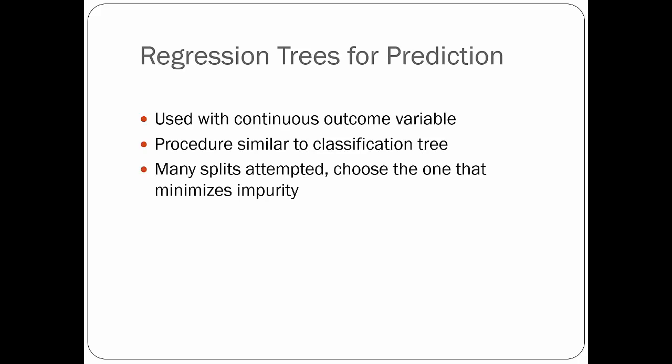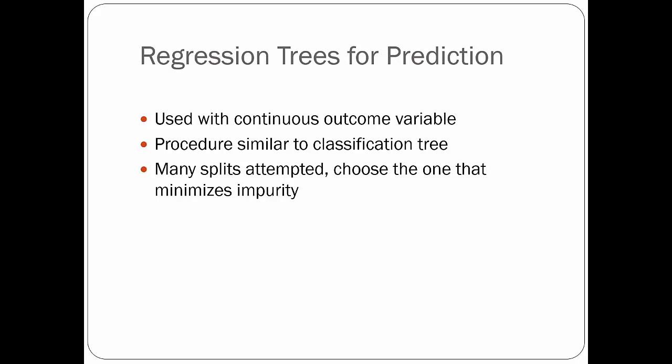You use the decision tree exactly like it is, except when you come down to the rectangles, instead of looking at the class purity, you will look at the average value.